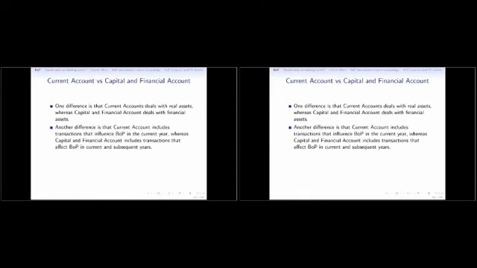Another difference, this one is easier, I guess, is that the current account includes transactions that influence the balance of payments in the reporting period only, in the current year only. And the capital and financial account includes transactions that affect the balance of payments in the future as well. Okay, current and the future.